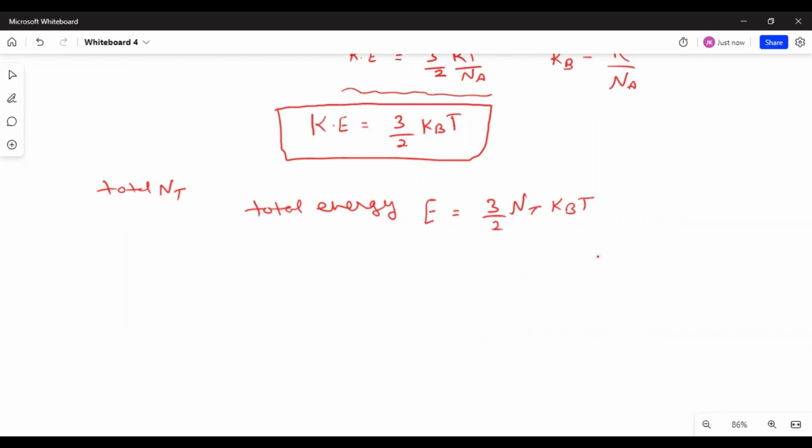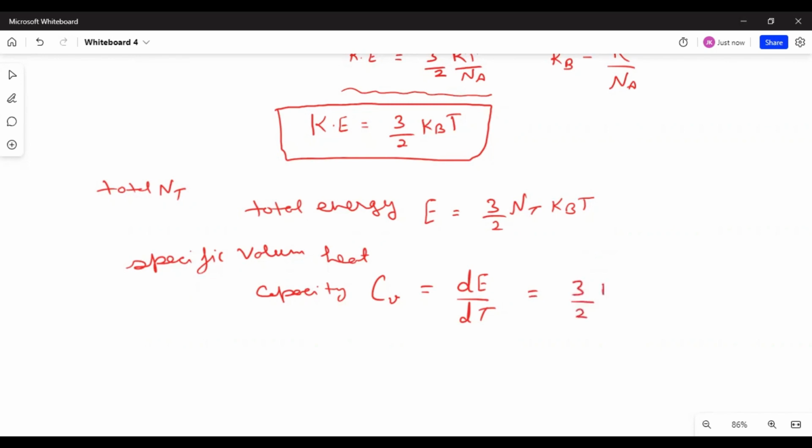Now let's find the specific volume heat capacity, which is the derivative of total energy with respect to temperature. So it will be the differentiation with respect to temperature, 3 by 2 N k_B.